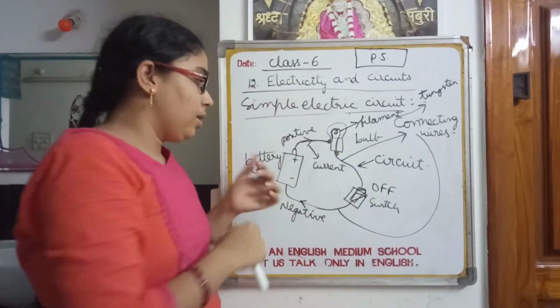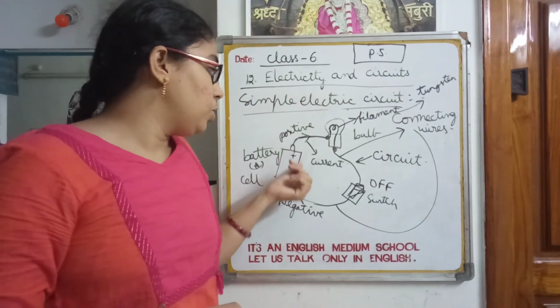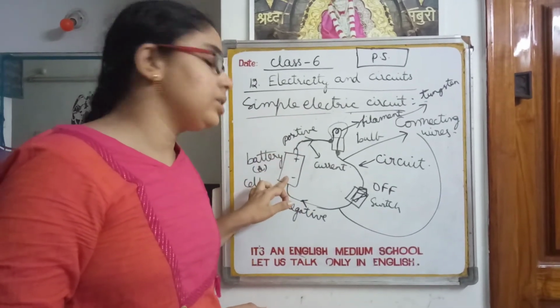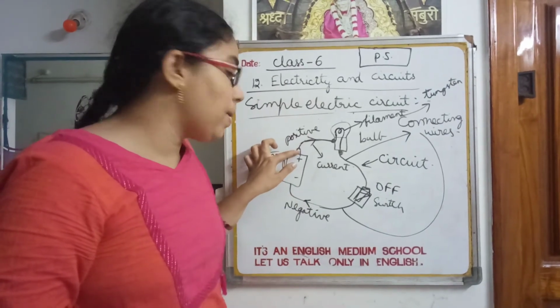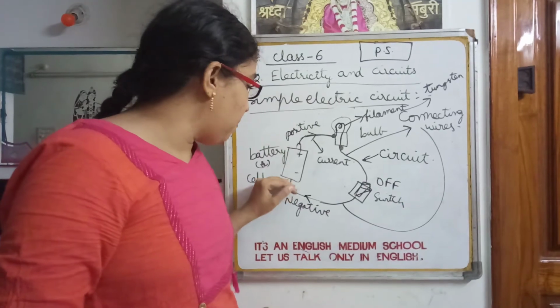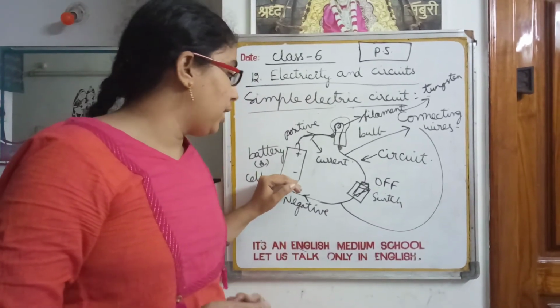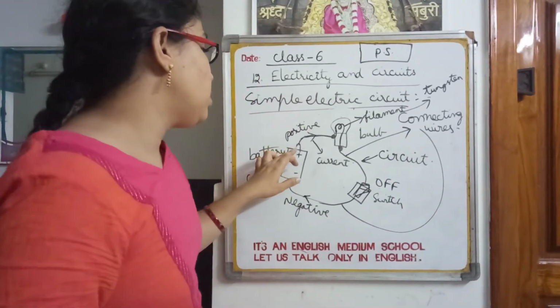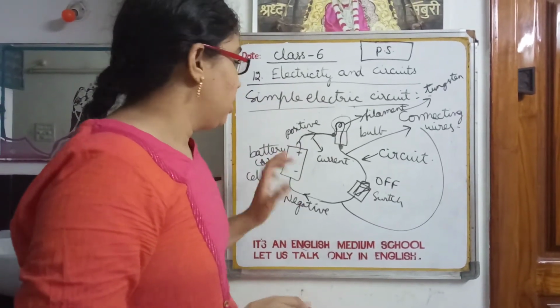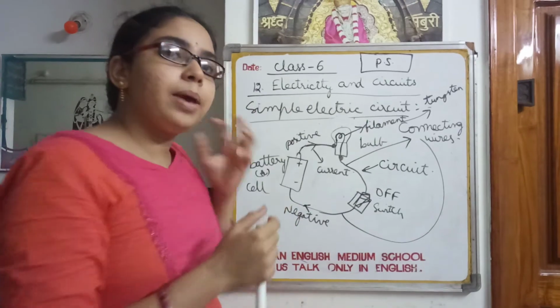Coming to the battery. Battery has two ends, called terminals. One is the positive end and the other is the negative end. This bulged part is positive, the metal cap, and this plain disc part is the negative terminal, the metal disc. And the battery consists of some chemicals.